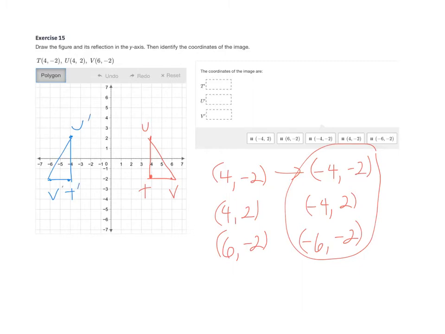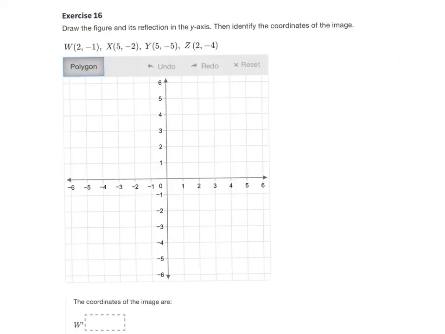So U prime is -4, 2. V prime is -6, -2. And T prime is -4, -2. Alright, let's go to the next one.